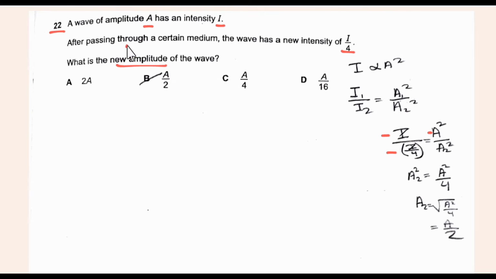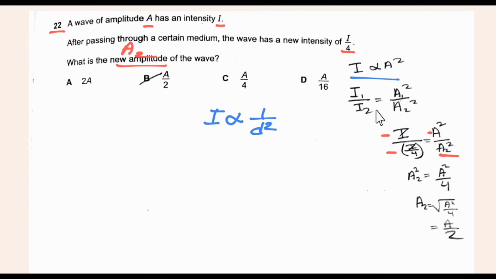We consider the new amplitude as A2, and we know the relationship: intensity is directly proportional to amplitude square, and you should also remember that intensity is inversely proportional to distance square. So for now, intensity is directly proportional to amplitude square.